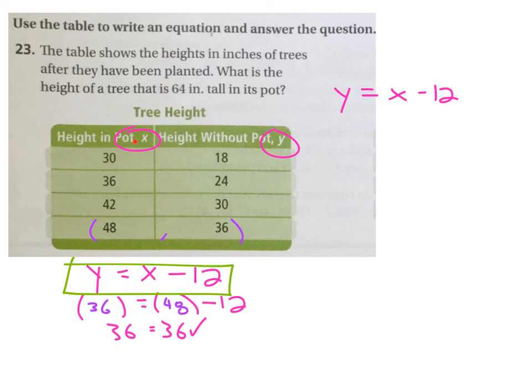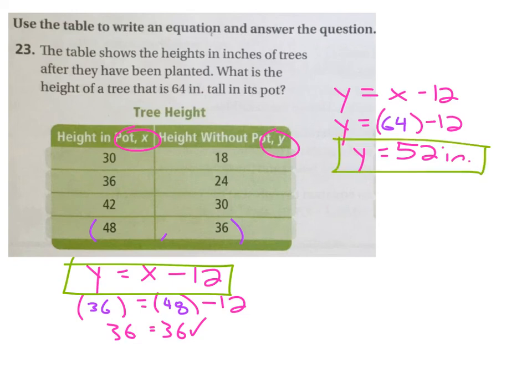So if they're saying in its pot it's 64, then we need to replace x with that number 64 to find out what it is. y equals 64 minus 12, or y equals 52, and what's the units? Inches. It is 52 inches tall. If it's 64 inches tall in its pot, it's 52 inches tall when not in its pot. Okay?